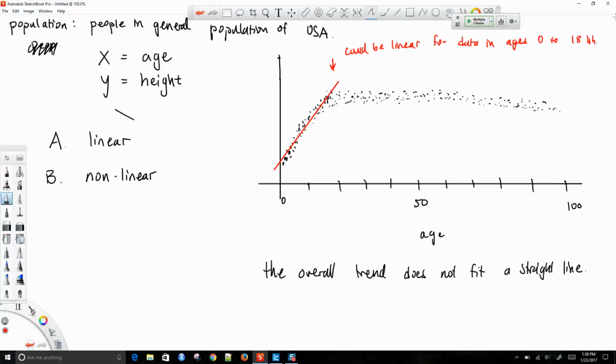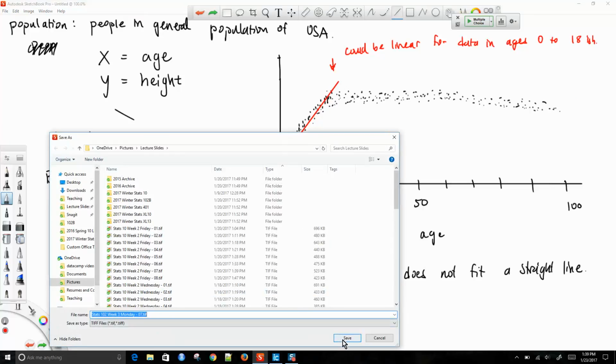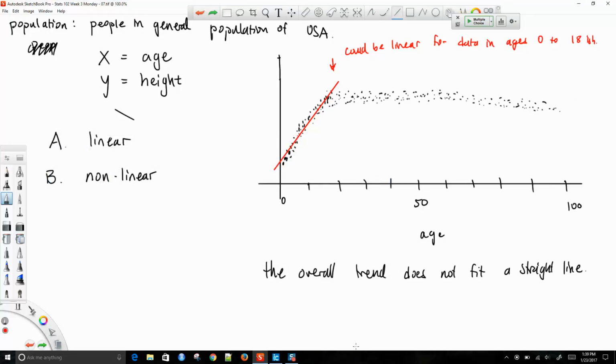And there might be another linear trend from something over here, but I would say it's probably less so. But overall the relationship would not be linear.